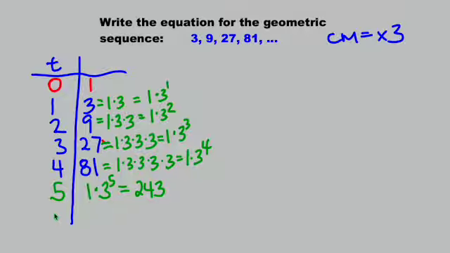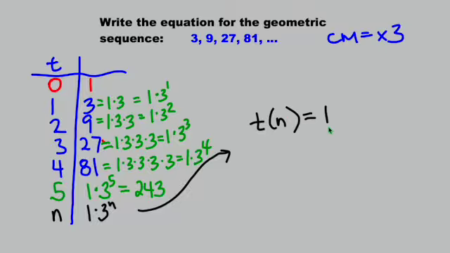And if I want to do it for the nth term, n is going to represent whatever term it is, so it's going to be 3 to the nth power and then 1 times that. So that means our rule would be t of n equals our initial term of 1 times our common multiplier raised to the power of n. That would be our rule here. So once again, 1 is our initial term and 3 is our common multiplier.